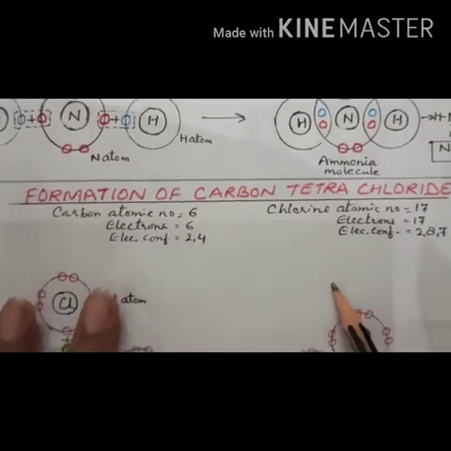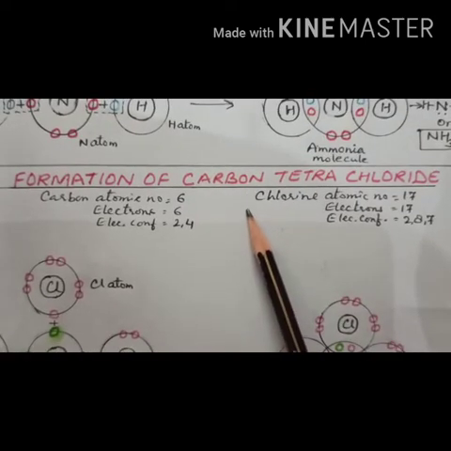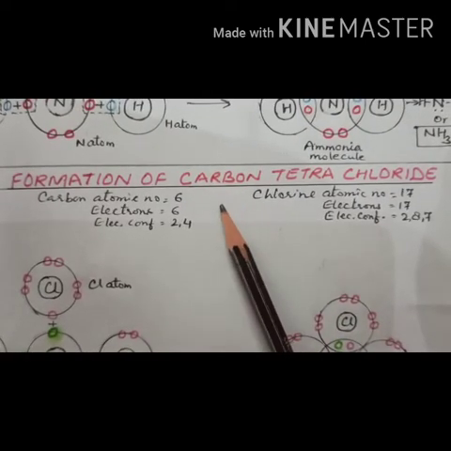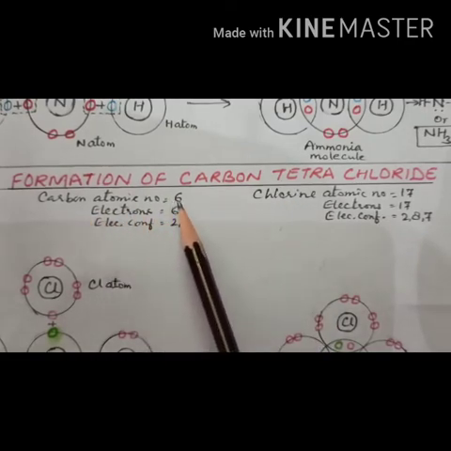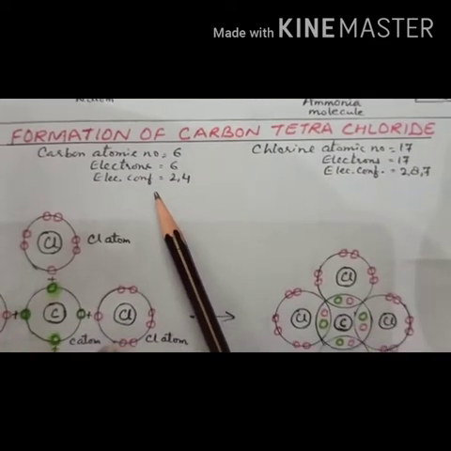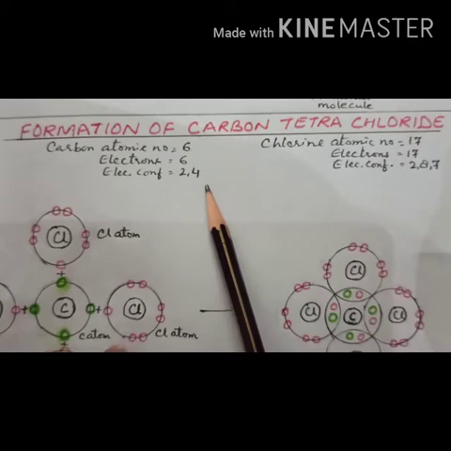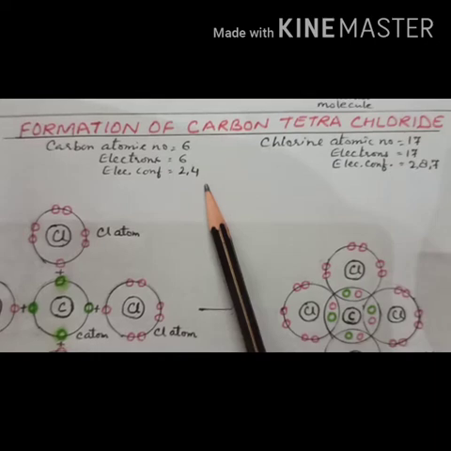Now next is the formation of carbon tetrachloride. Carbon tetrachloride formula is CCl4. Carbon atomic number is 6, electrons 6, and electronic configuration is what? 2, 4. Right? All of you know, how many electrons does it require to get a stable electronic configuration? 4 electrons. Right?